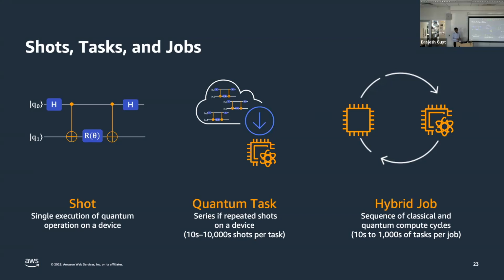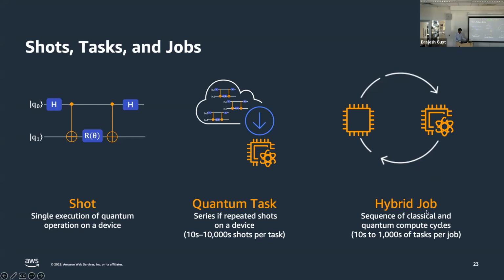At each iteration, you need to compute the value of the objective function and the gradient, for example. So in the first iteration, there is some processing done on the classical computer. It goes to the quantum computer, and a task is submitted. You get the result, and then you feed it back to the classical computer. This cycle shows exactly that.